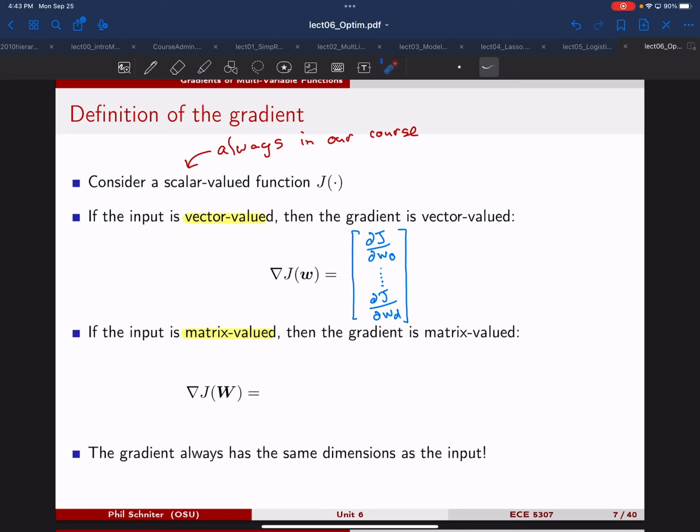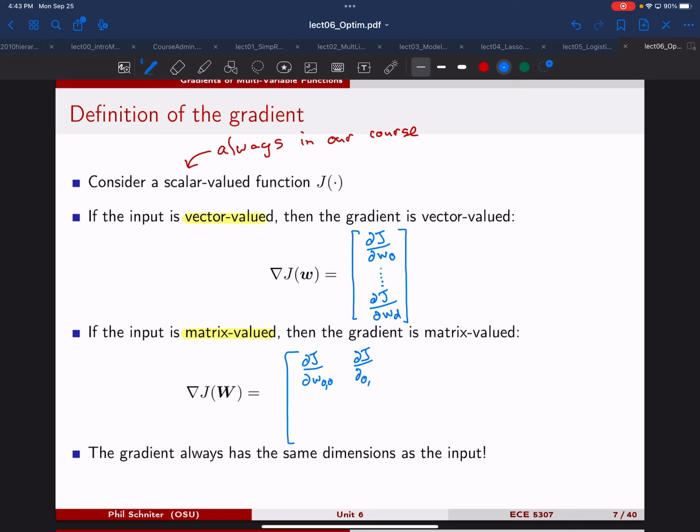So you get the first one to be DJ over DW00, if we're counting from zero. And now we want to make sure that we index in the same way we would index W. So usually the first element is going down the rows, the second across the columns.